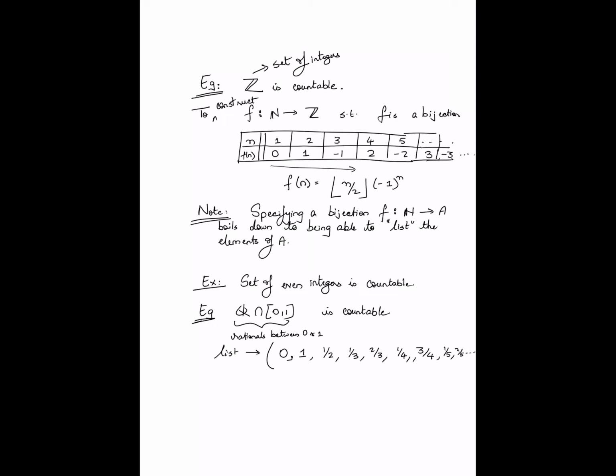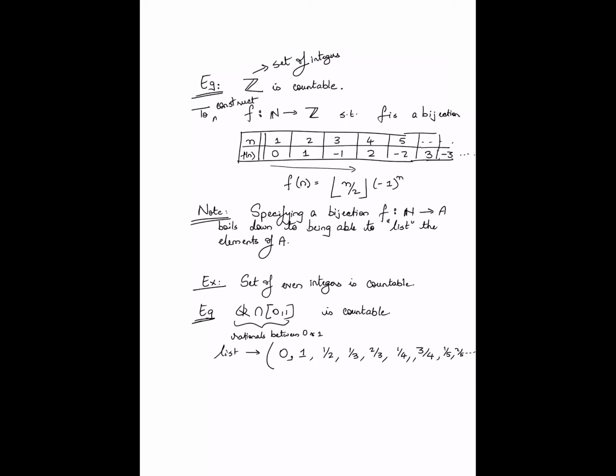So you can convince yourself that this is in fact a valid listing of all rationals between 0 and 1. In what sense? Firstly, by construction of the list, no two rational numbers repeat. And secondly, any rational number between 0 and 1 has a well-defined unique position on this list. So every rational between 0 and 1 shows up exactly once on this list.